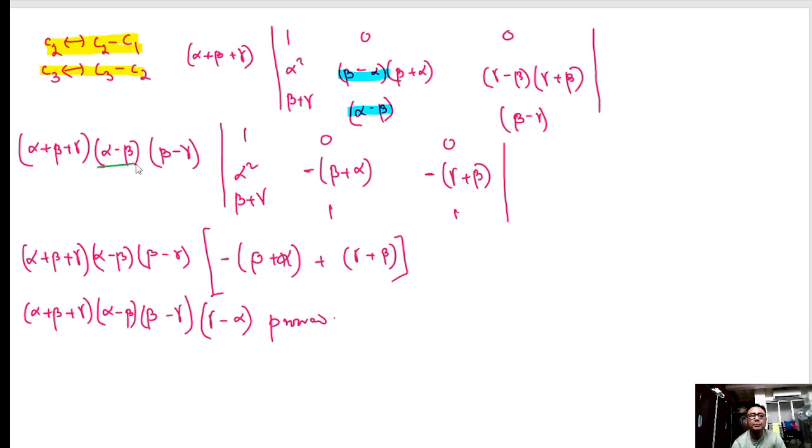It becomes minus of beta plus gamma. Similarly, if I take beta minus gamma common, what will it become? This will become minus of alpha plus beta plus gamma, and this is 1.